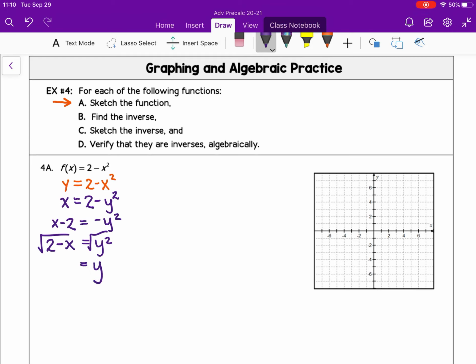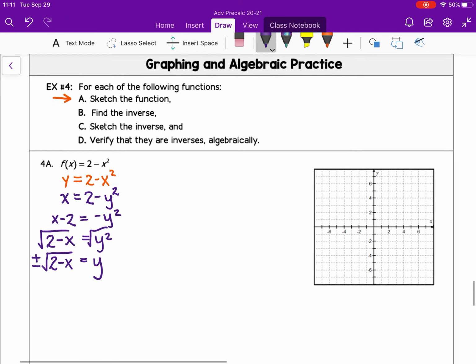And then to get y by itself, I'm going to take the square root. Now remember, when I take the square root, I have both the positive and the negative. And so I have two pieces.